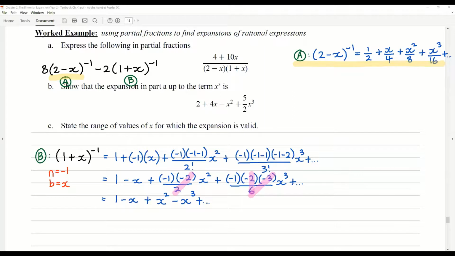So up in the top right, I'm just going to summarize this. We've just worked out the expansion for b. So we now know that 1 plus x to the power -1 is of course equal to 1 subtract x, add x squared, subtract x cubed, and then add some more terms if necessary. So all the expansions are finished.